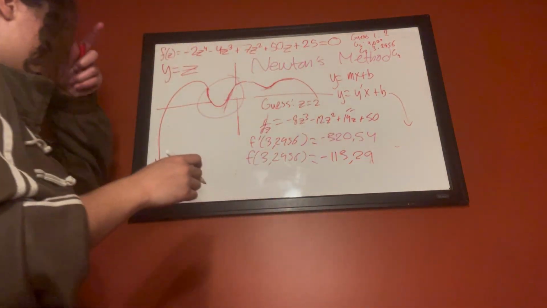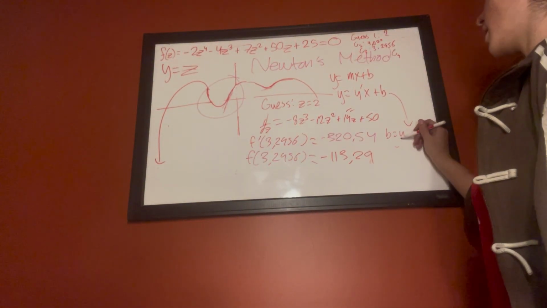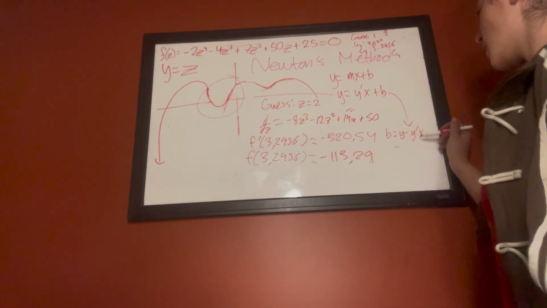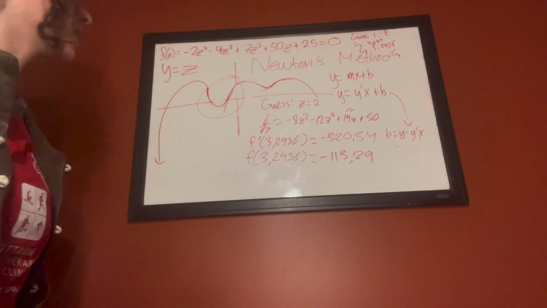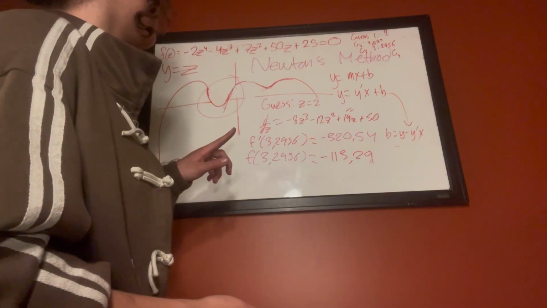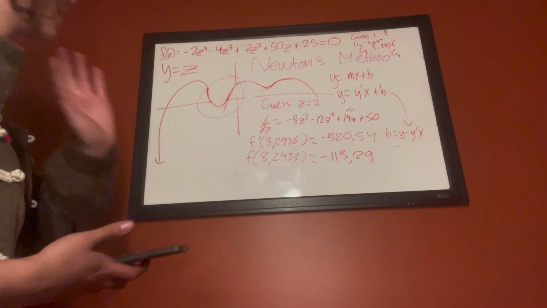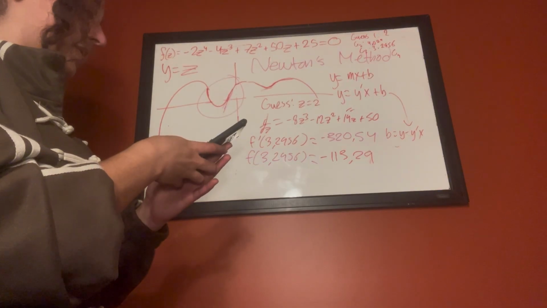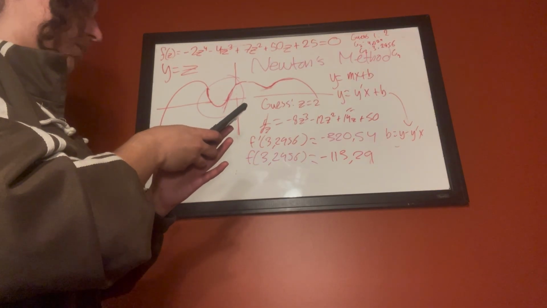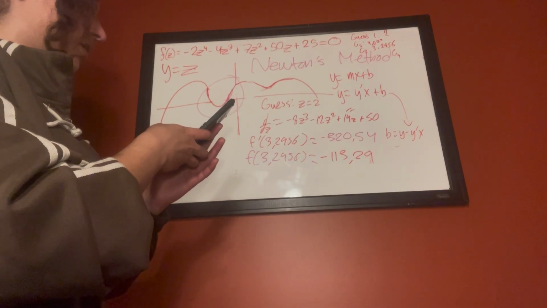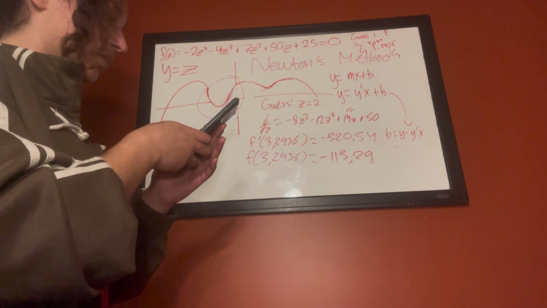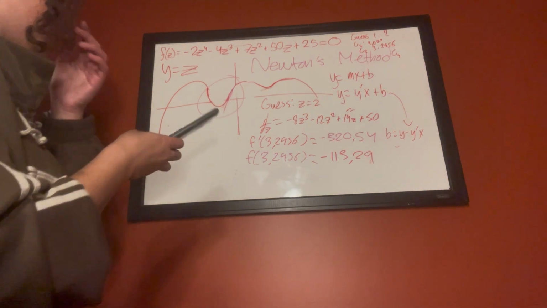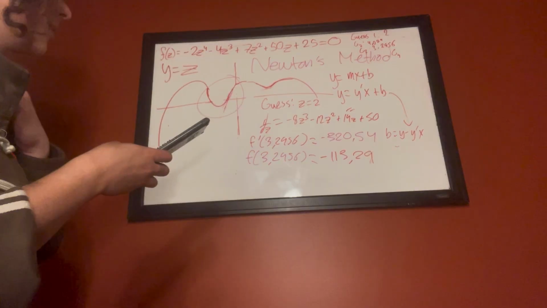Okay, so once again, b is just y minus y prime times x. So y prime times x, my x is 3.2956. My y prime is this. So I have minus 320.54 times 3.2956. Hopefully this is doing the thing I need it to do.